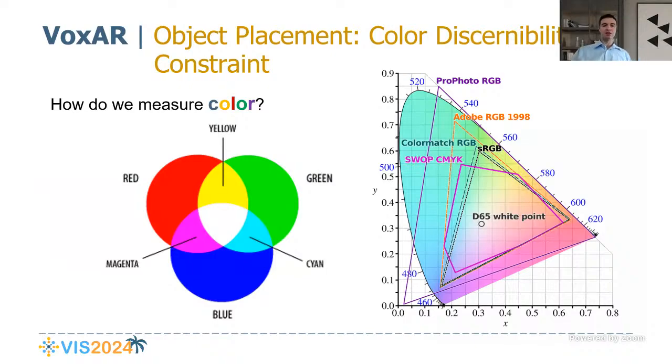Well, to evaluate color, we first need to understand how it's measured, which is done using the color space. On the right is the CIE chromaticity diagram showing the full visible spectrum of light in the large horseshoe shape, and each boundary represents a different color space, each serving a specific purpose. The most common is the RGB color space visualized on the left, which represents colors based on the amount of red, green, and blue.